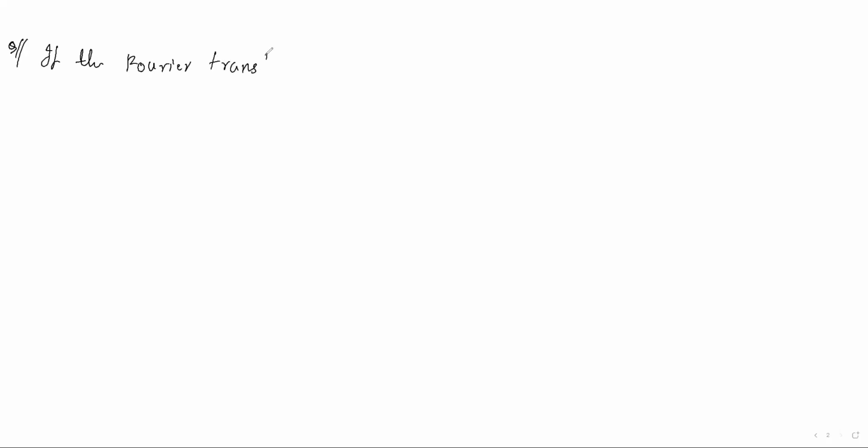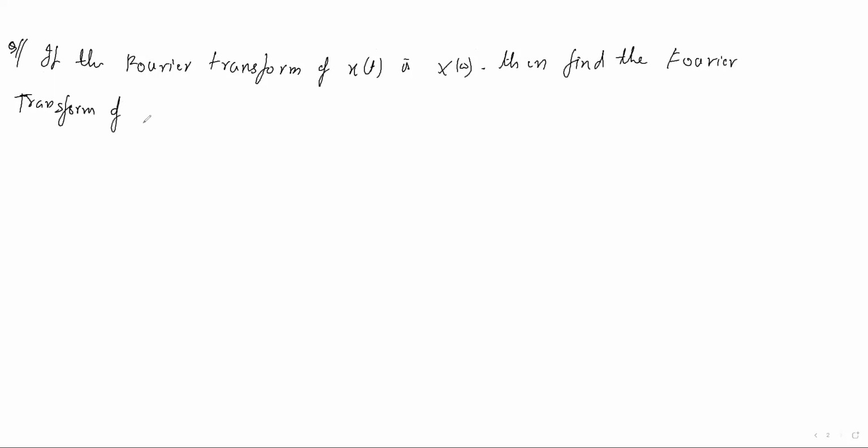If the Fourier transform of x(t) is X of omega, okay, then find the Fourier transform of x of minus 4t plus 3, okay.